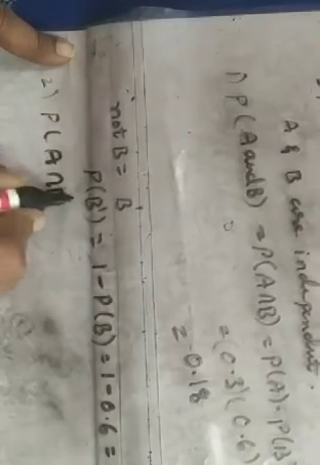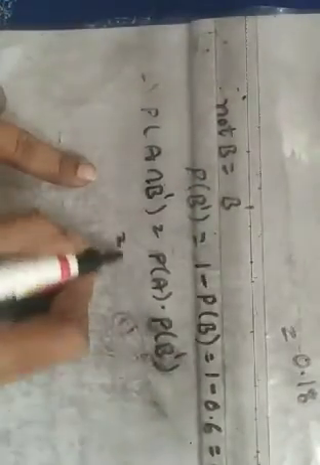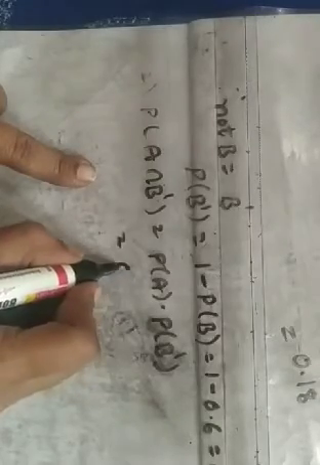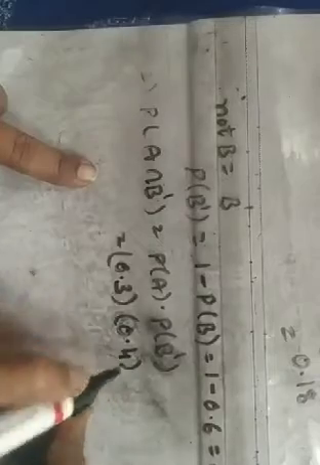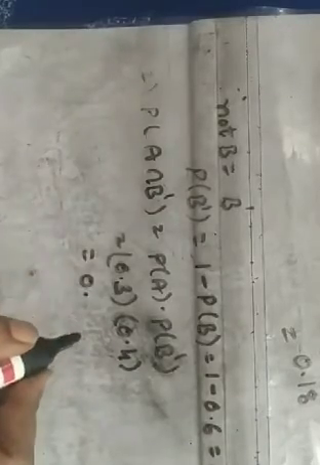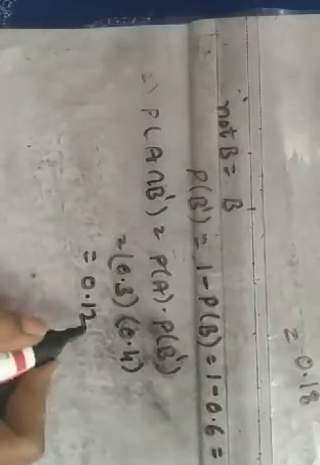So second question, P of A and B dash, which is equal to P of A into P of B dash. P of A is 0.3, P of B dash is 0.4, which is equal to 0.12.